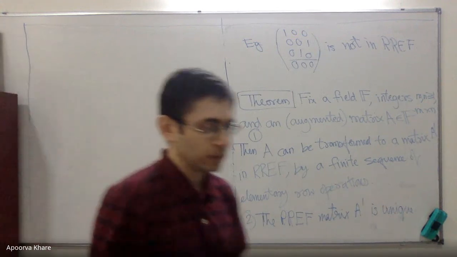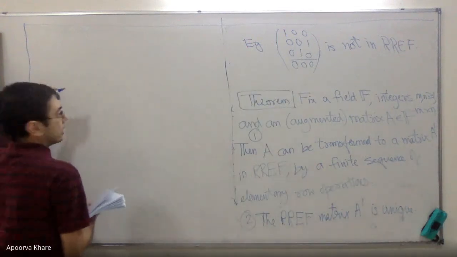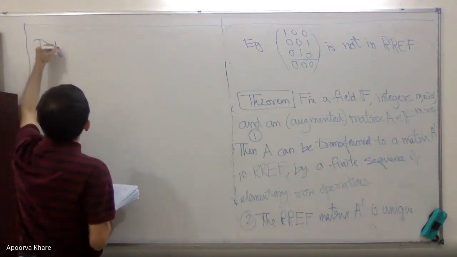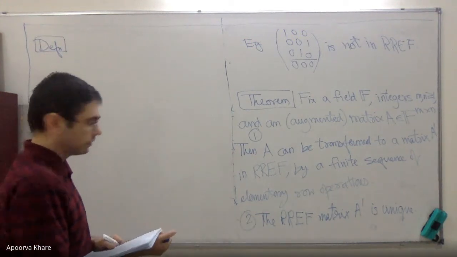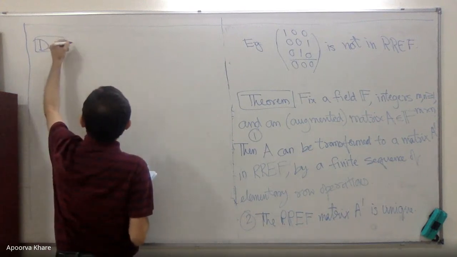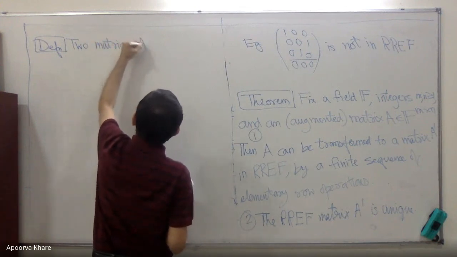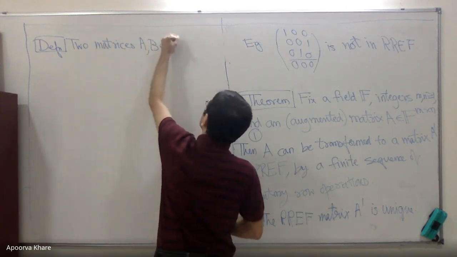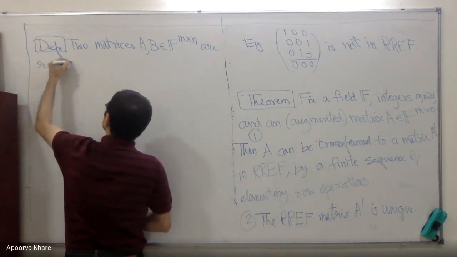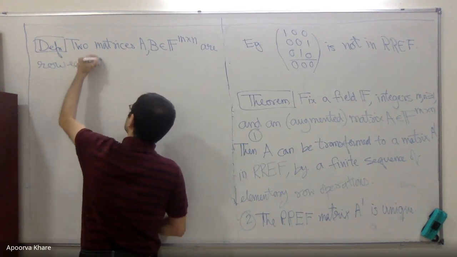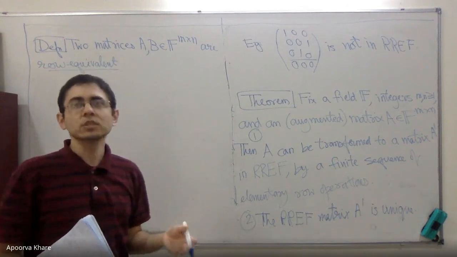So basically row equivalence. Okay. Definition: two matrices are row equivalent if you can get from one to the other by a finite sequence of elementary row operations.